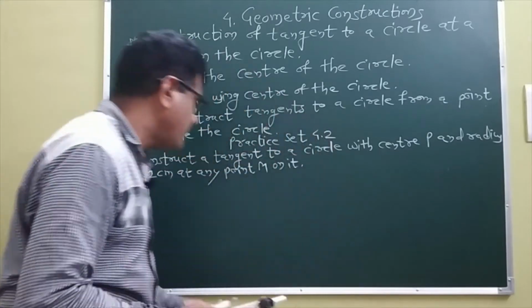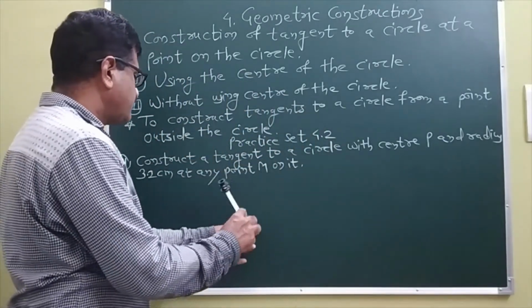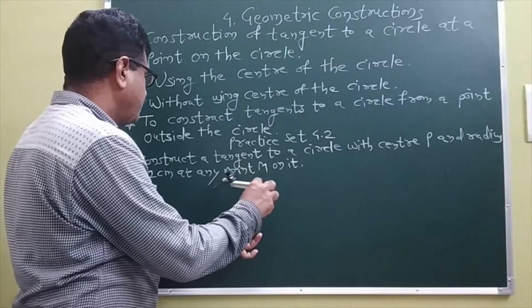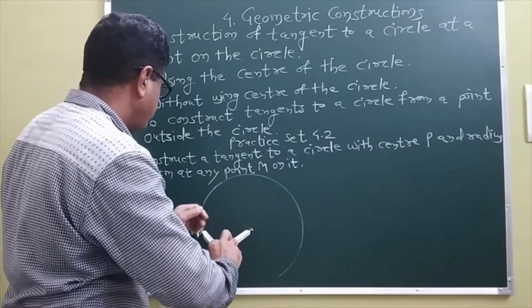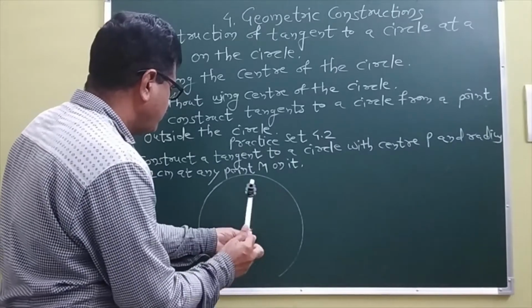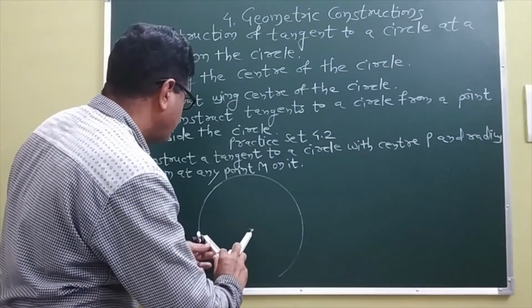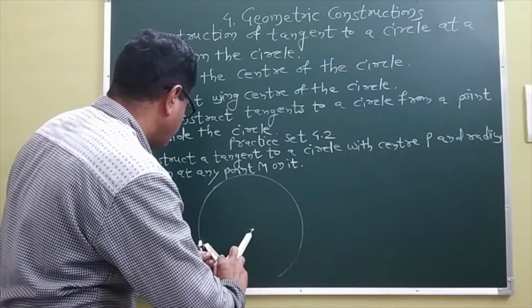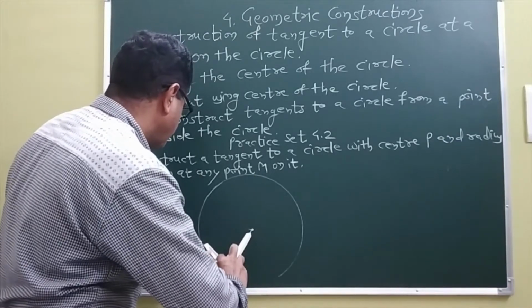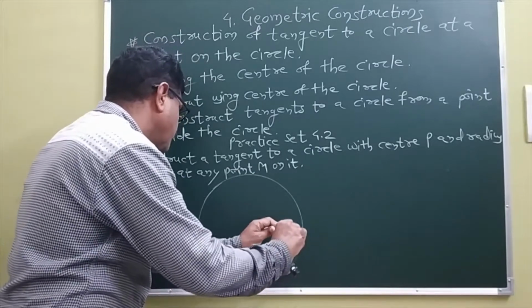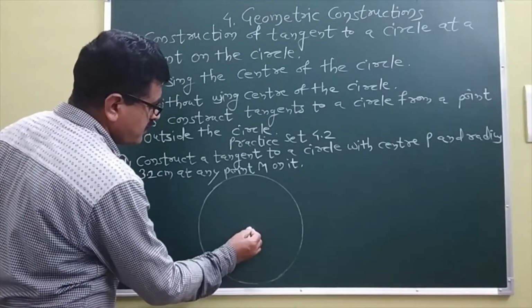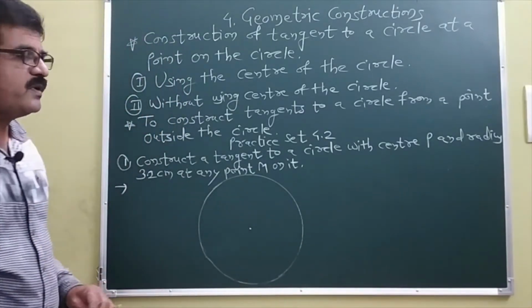Now we have to draw a circle of radius 3.2 cm. This is a circle of radius 3.2 cm.